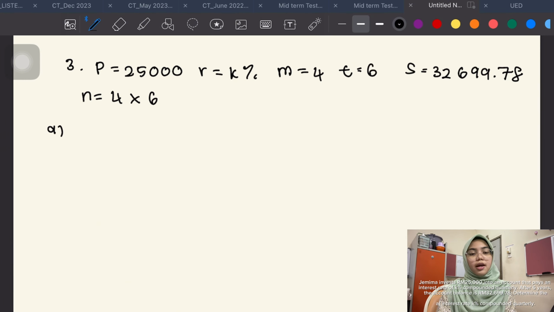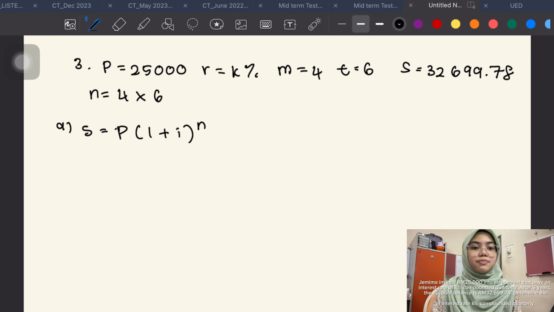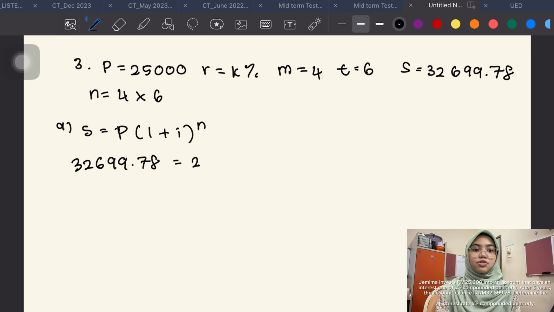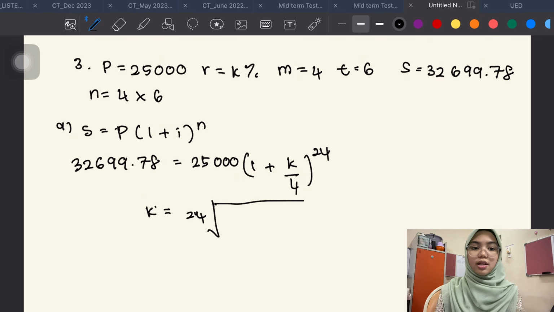For question A, we are going to use the formula S equals P(1 + i)^n. So S, 32,699.78, equals 25,000 (1 + k/4)^24. Now we are going to isolate k and move everything other than k to the left.